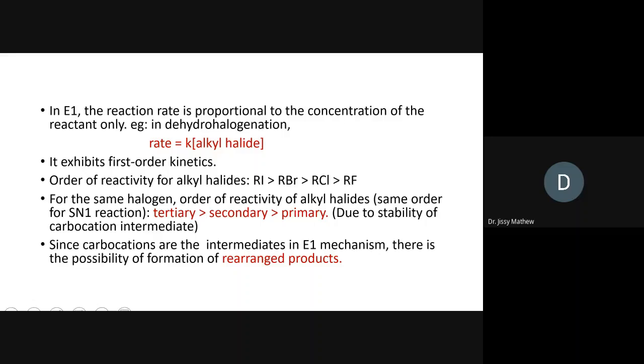So formation of a rearranged product gives a hint that the mechanism is E1. For example, consider the dehydration of 3,3-dimethyl butan-2-ol: along with the expected product, we get an unexpected product as the major product.